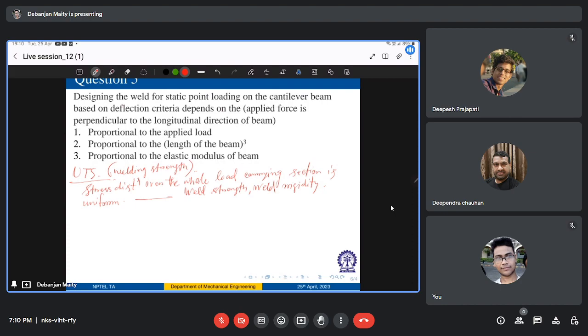So you require in any weld the strength as well as the rigidity. You must have the welds in such a way that ideally they should not fail. The weld should not break or yield when subjected to some reasonable overloading.